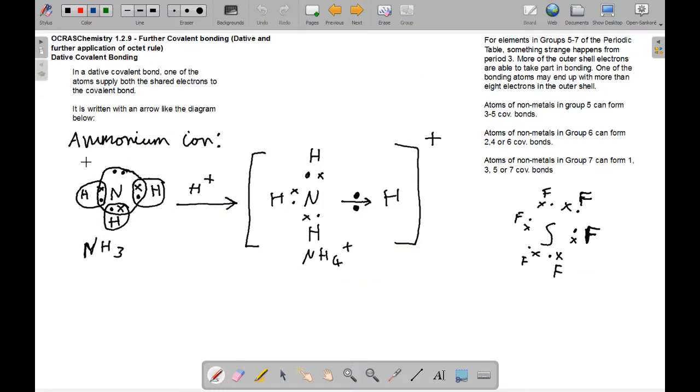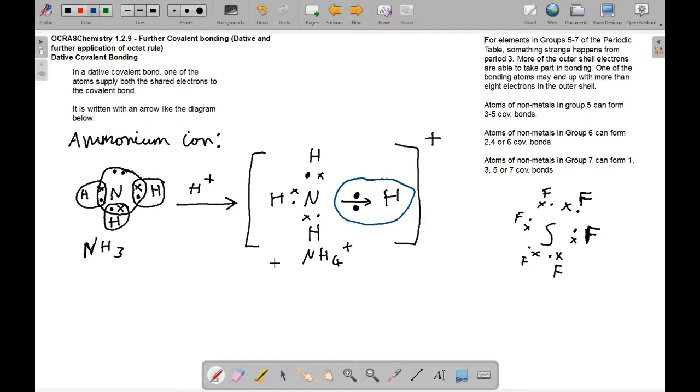So now moving on to dative covalent bonding and the octet rule. For an ammonium ion, the lone pair from the nitrogen can be used to bond to another hydrogen ion. So ammonia plus H+ can make a dative covalent bond in which all the electrons for the bond come from one atom.